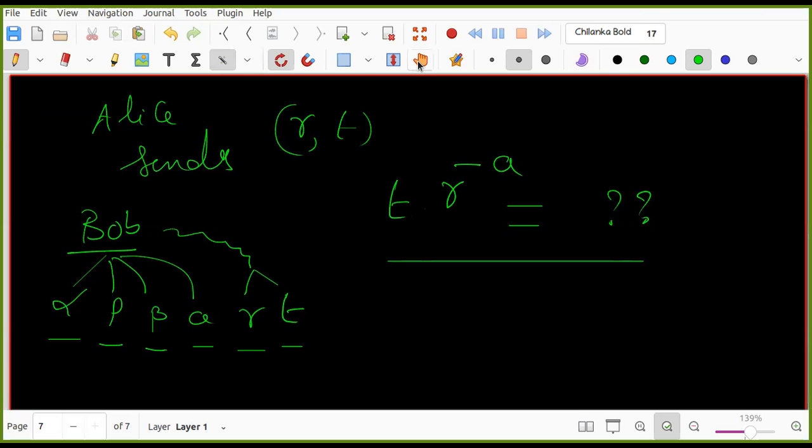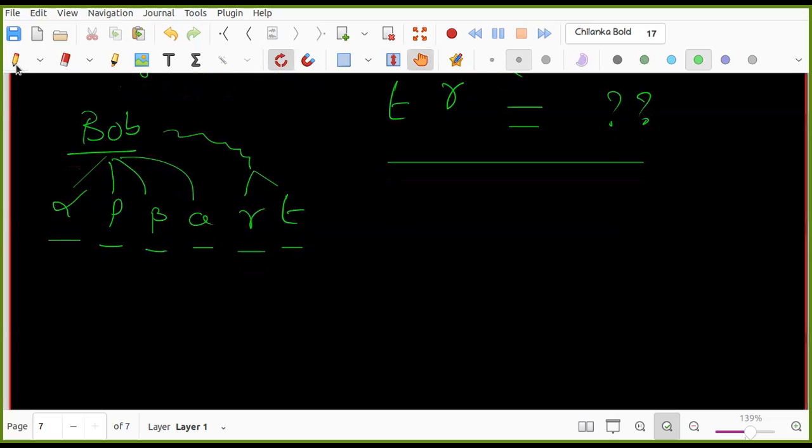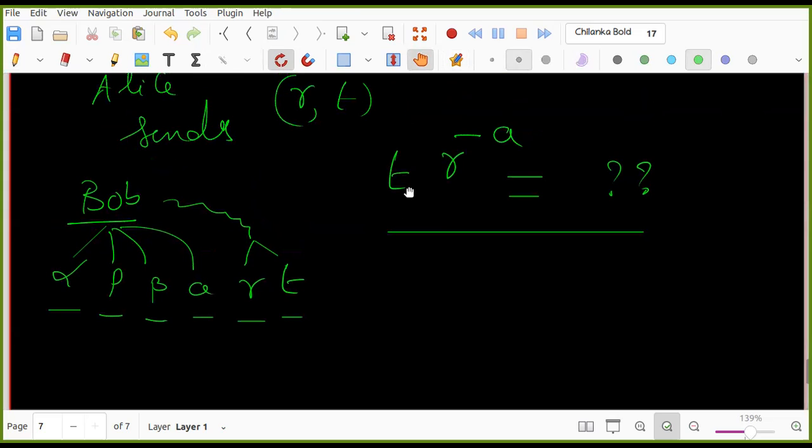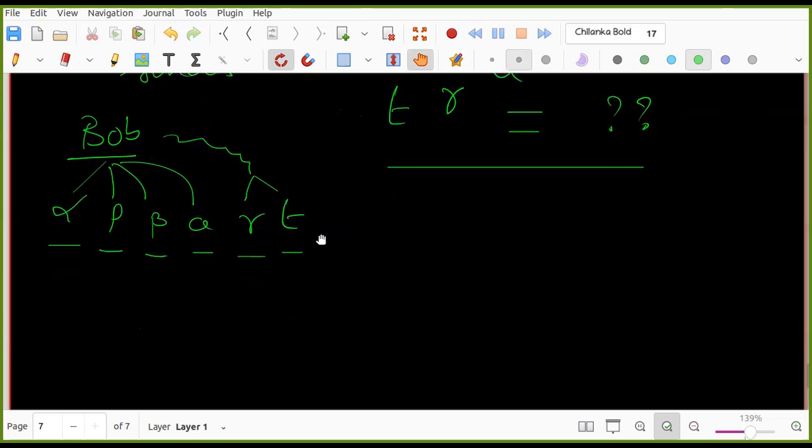M into beta power K. The R value is alpha power K, and we have power minus A, and beta is equal to alpha power A. Can you guess something? This will be M. I am verifying it now for you.